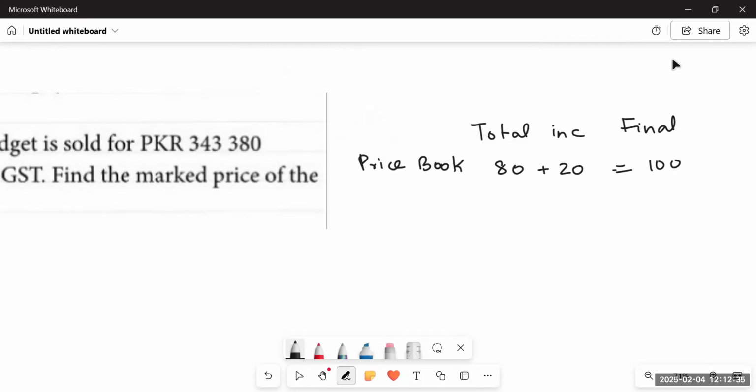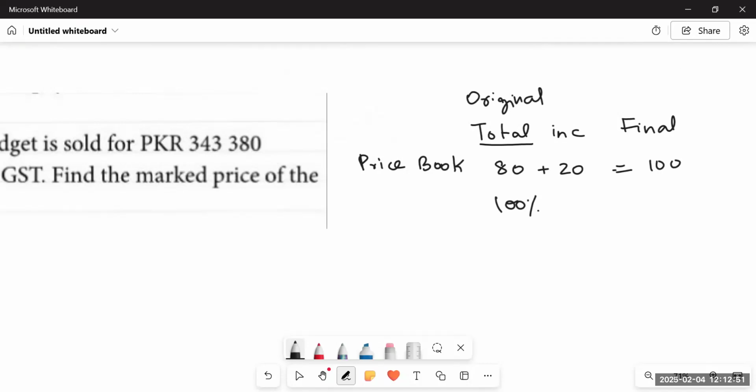Then comes the concept of percentage. Just keep in mind that the total, the original number, the original cost, the original price, the original amount is always 100%. Whatever it is, it is 100%, right? Then there is an increase.